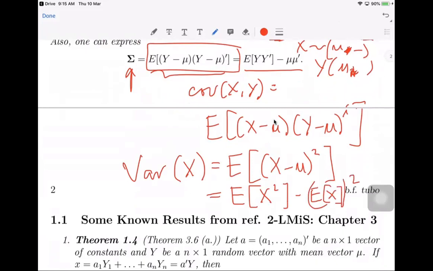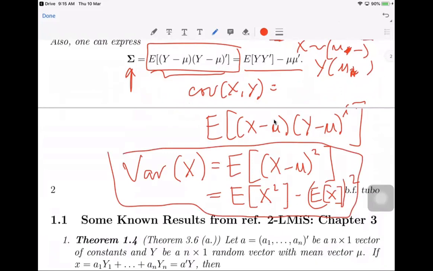This is familiar to you in the univariate case. In the multivariate case, this square will be a prime. So the variance of x is the expectation of x minus mu times x minus mu prime.